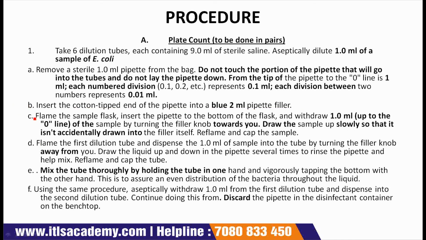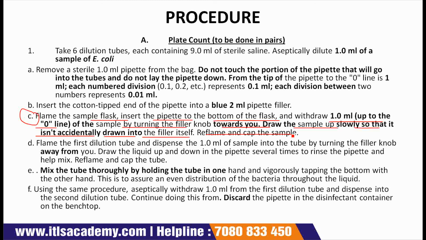Next is to flame the sample flask. Insert the pipette to the bottom of the flask and withdraw 1 ml up to the zero line of the sample by turning the filler knob towards you. Draw the sample up slowly so that it isn't accidentally drawn into the filler itself.